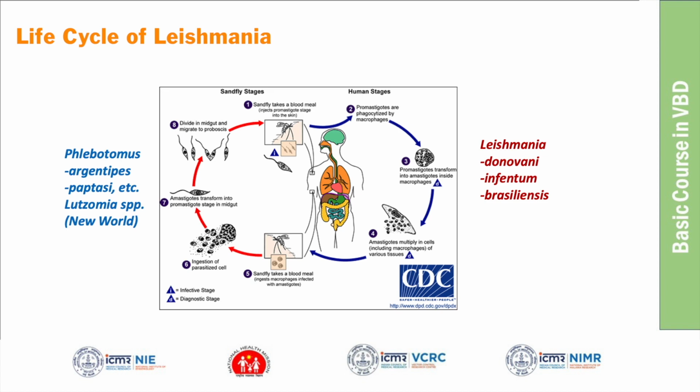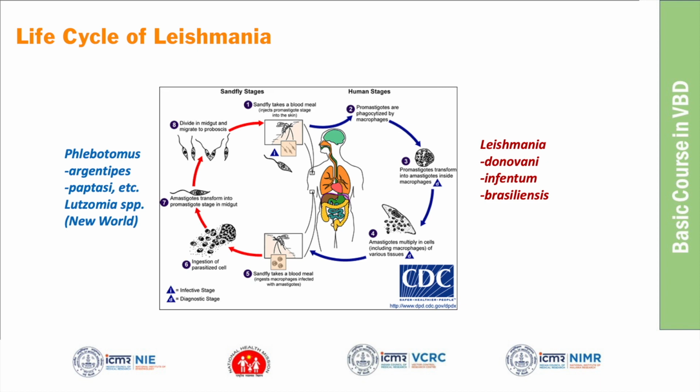And in the New World, it's Lutzomyia species that transmit Leishmania donovani infantum and braziliensis. So in India, we find only Leishmania donovani, which causes VL infection and post-Kala-Azar dermal leishmaniasis.